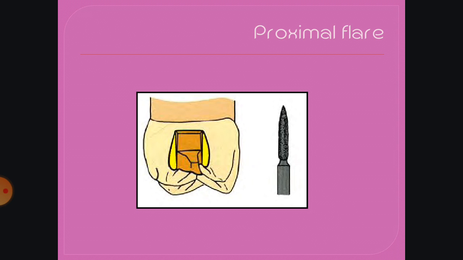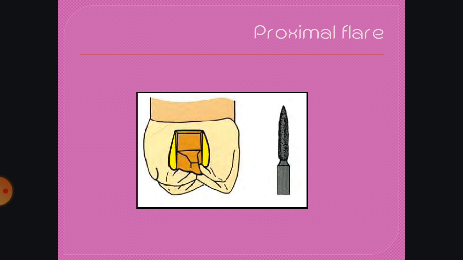So which instrument do we use for creating the proximal flare? We create the proximal flare with the help of a flame shaped diamond. And what you have to remember with respect to the proximal flare is that it is narrower at the gingival end, and as you move towards the occlusal surface, it becomes wider.